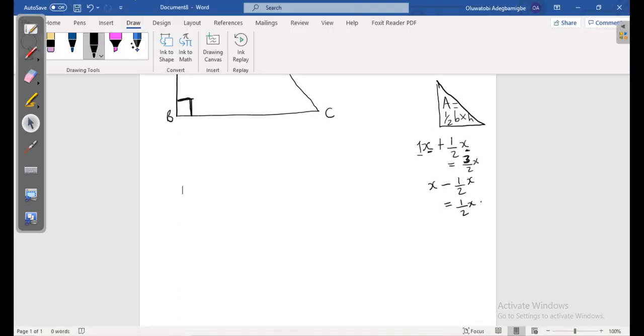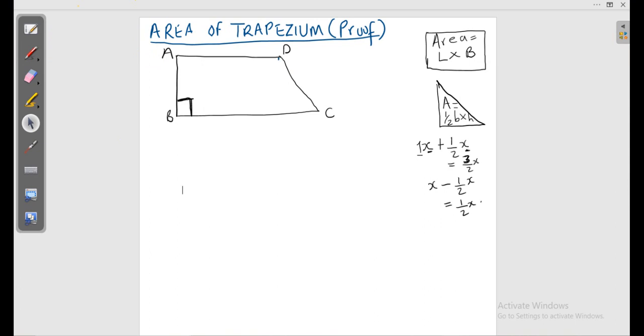For me to determine the height of this trapezium, I will draw a line from D to this point, which I can label as E. Not forgetting that for the trapezium, AD is parallel to BC. So if AD is a and BC is b, automatically DE becomes the height of this trapezium.